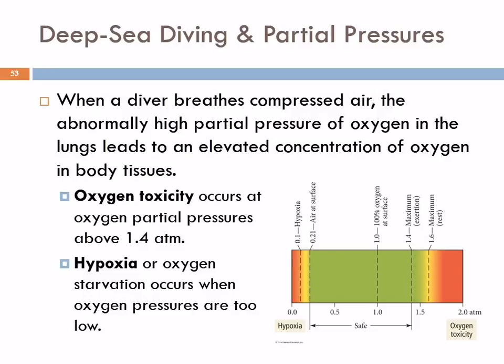You get above 1.4, and you can get oxygen toxicity occurring. Hypoxia is when you get below about 0.1 atmospheres of oxygen. Oxygen starvation, suffocation. So you need to be in this zone in the middle.